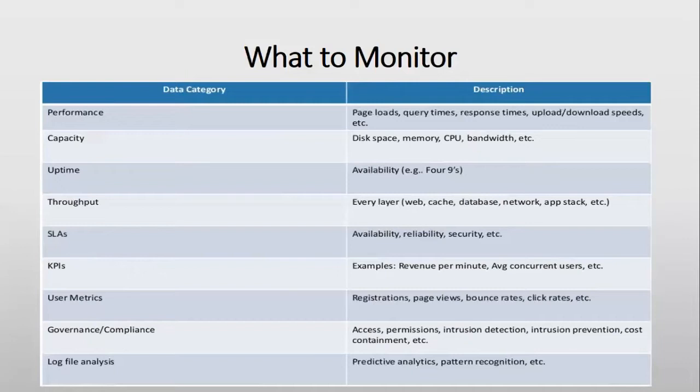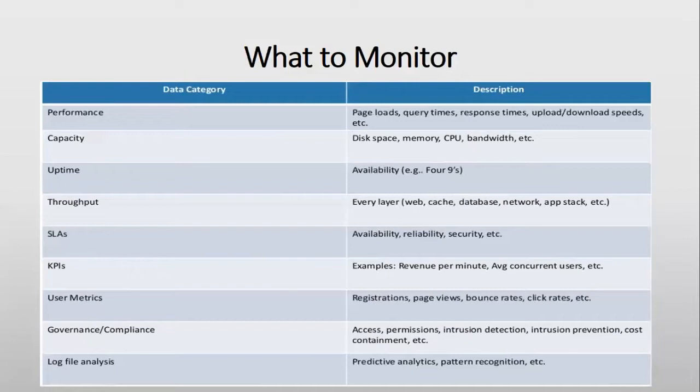What is the CPU utilization? What is the bandwidth of the network? Uptime, the availability of the servers, since how long the servers have been running, throughput, the number of transactions per second, like web pages, cache, databases, networks, etc.